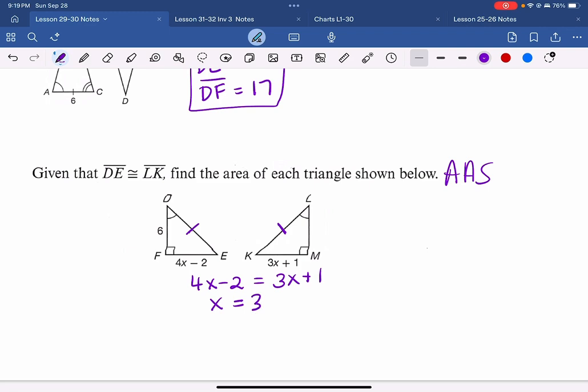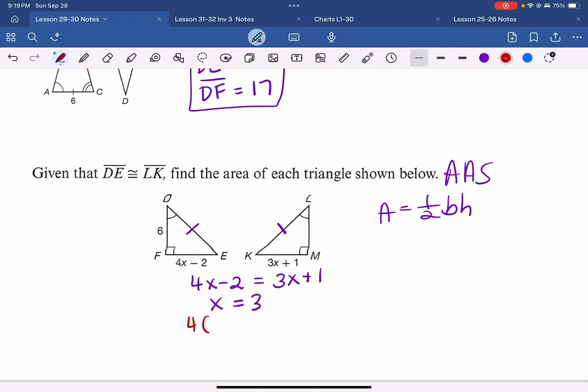Now, we can't box that and move on because they didn't ask us to solve for x, did they? They said to find the area. Okay, well, in order to find area, I need 1/2 base times height, right? And I don't have the base, and I do have the height, right? The height is 6. I need the base. So I need to plug this 3 in right there.